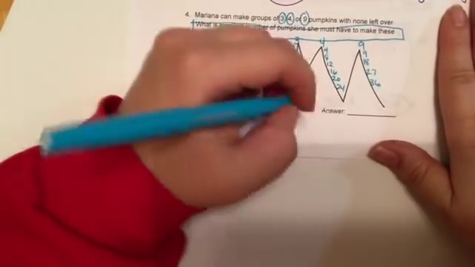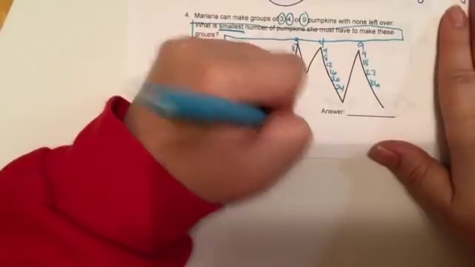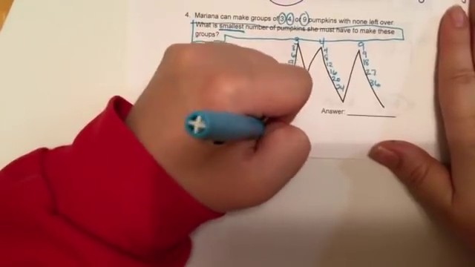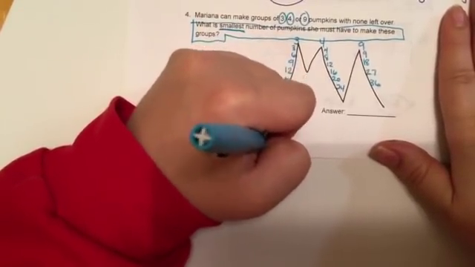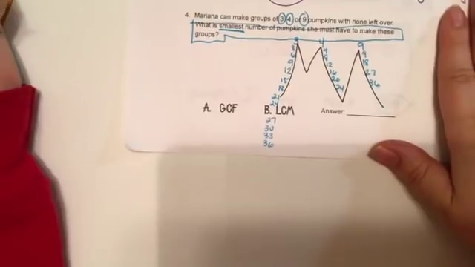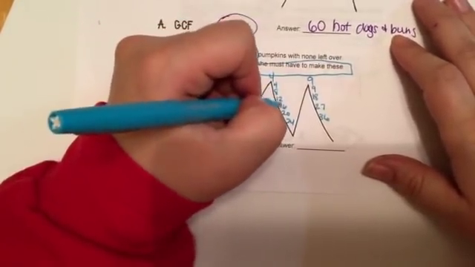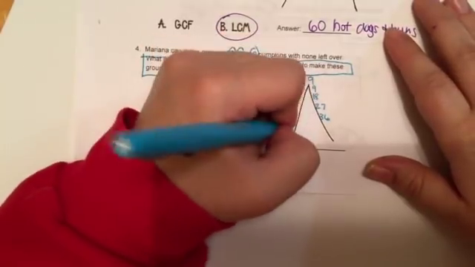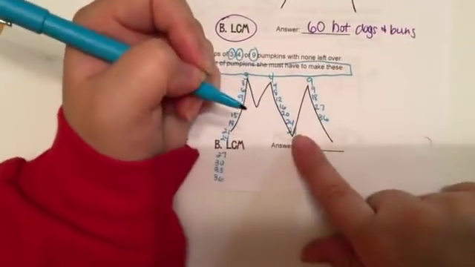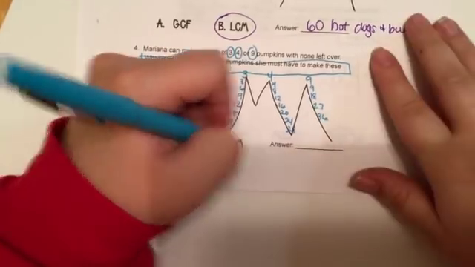So let's do our multiples of 3. We stopped at 24, so I'm going to pick up with 27, 30, 33, 36. Let's see if that's enough. Now I'm going to do my 4s, 4, 8, 12, 16, 20, 24. We've got 28, so therefore 27 is not going to work.